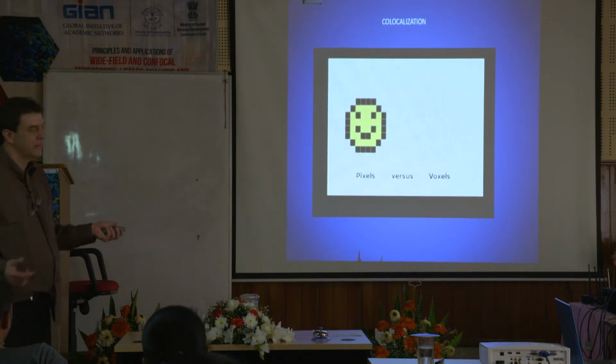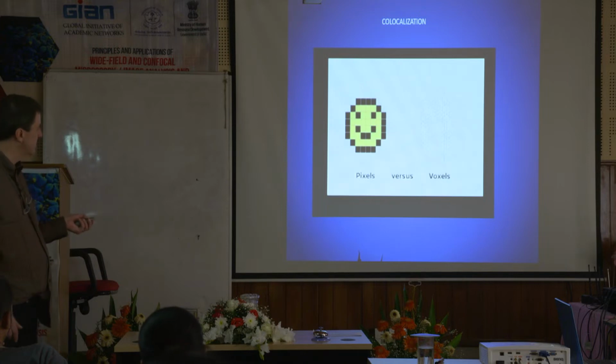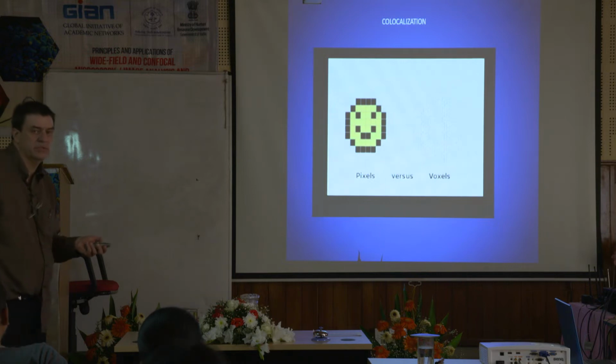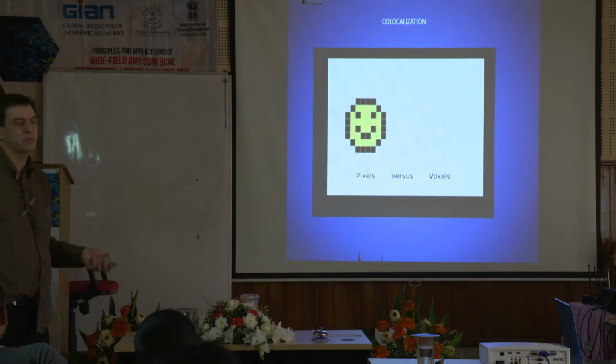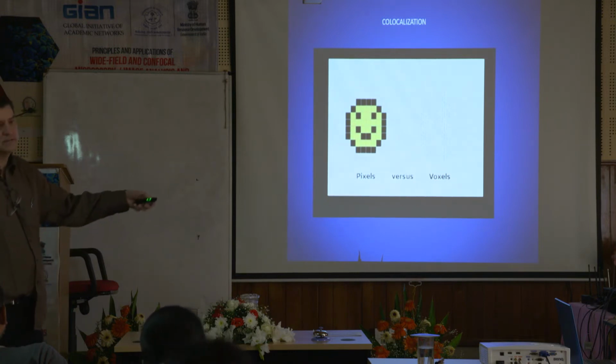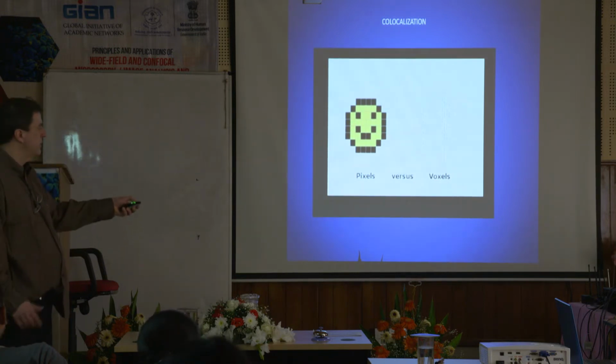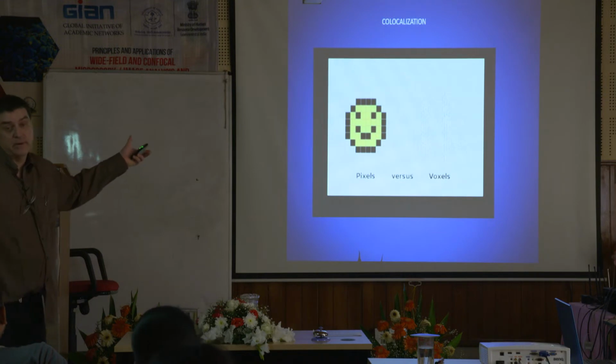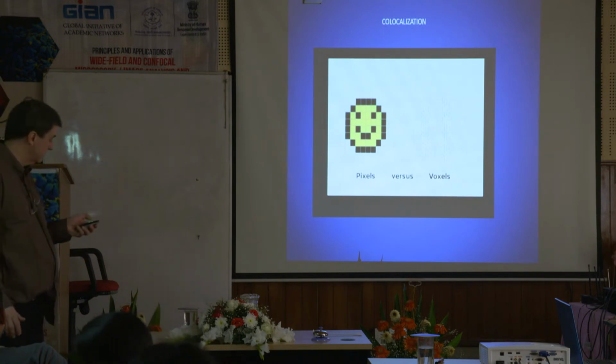The one thing to keep in mind about confocal images is that you're going to get so much information in terms of computer storage, because it's 3D. Images are going to be larger and you're going to use up more space. But pixels versus voxels: voxels are basically 3D pixels, in a way.